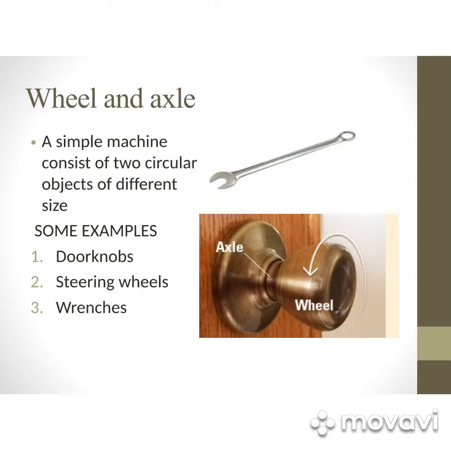As the wheel turns, so does the axle, but because the axle is smaller, the inner part is the axle, it rotates through a smaller distance, which makes the output force larger than the input force. That's the whole idea. You will have to know that the smaller one is the axle, the larger one is the wheel. Remember, the smaller one is the axle, the larger one is the wheel.